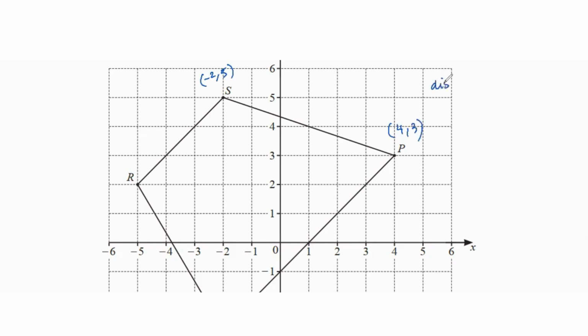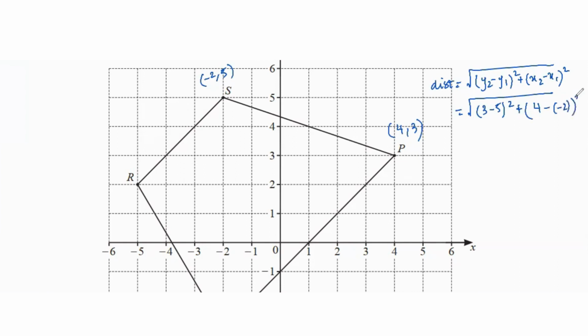So distance is going to be square root of y2 minus y1 whole square plus x2 minus x1 whole square. So that's going to be 3 minus 5 whole square plus 4 minus negative 2 whole square. Negative 2 whole square for this and 6 whole square for this. 4 plus 36, that is square root of 40. So m is 40.